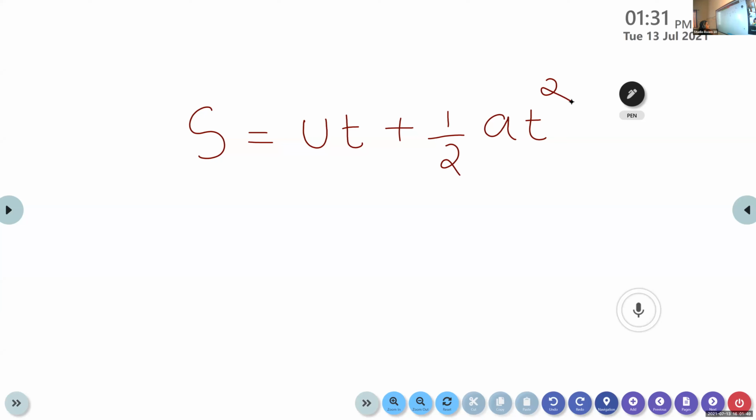Here S is the displacement, U is the initial velocity, T is the time, A is acceleration, and again here we have T, which represents the time. So first of all, you find out the dimension of each of these terms present in this equation.